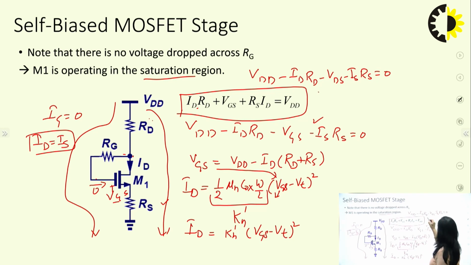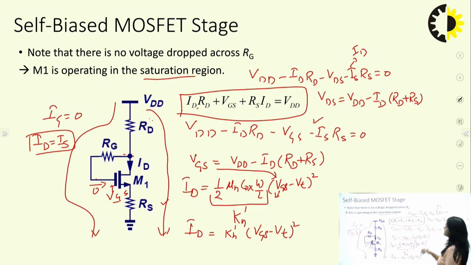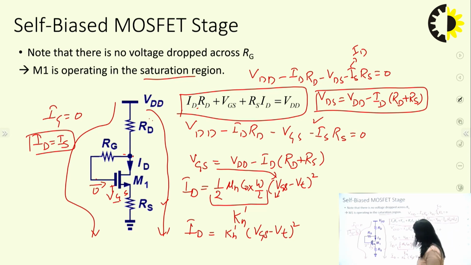So from here, VDS equals VDD minus ID, if IS equals ID, times (RD plus RS). So this is how you can calculate the value of VDS. If you know the value of ID, then easily you can calculate the VDS.